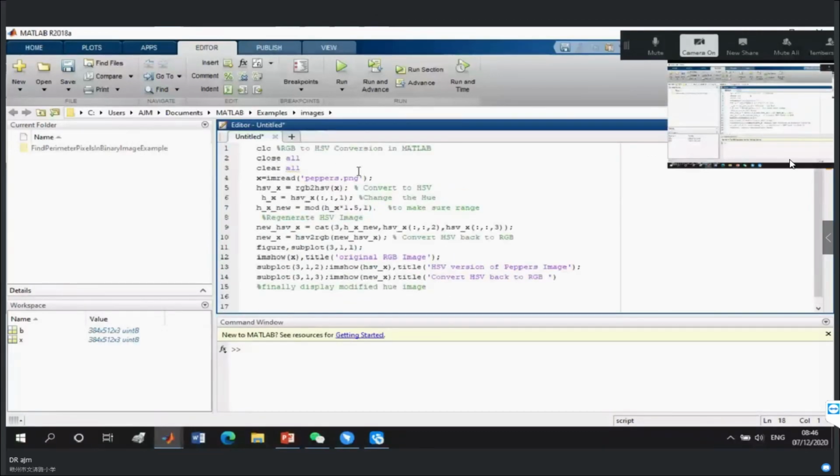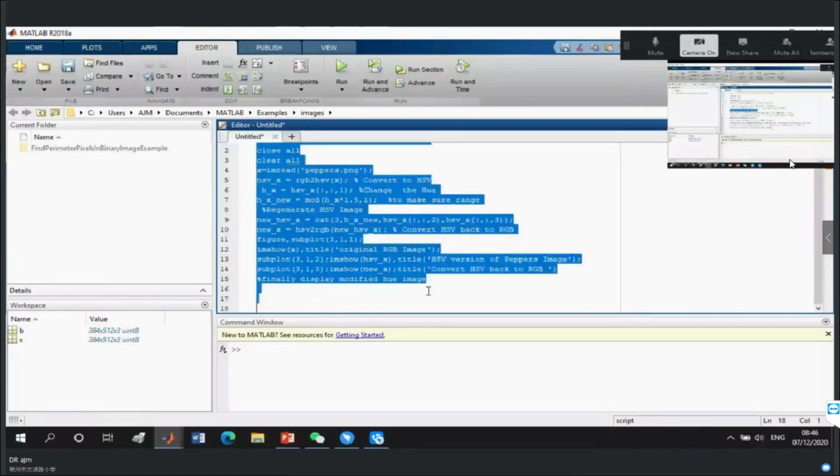We work with the same photo paper, and RGB to HSV is the conversion by which you can convert to HSV, then change the hue, show the range, and regenerate the HSV image here and then go back to RGB. I mean that first I will convert the RGB to HSV, then from HSV I will come back to the RGB model once more. Let us see the result.